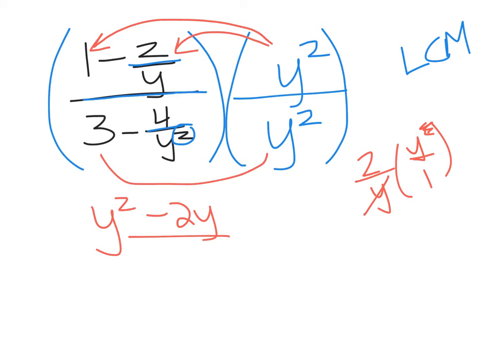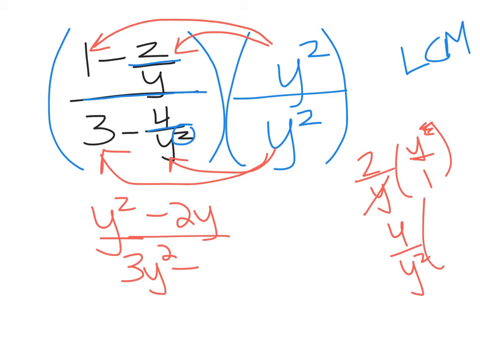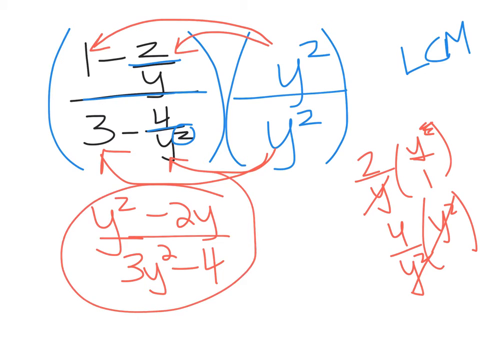Let's distribute in the denominator: 3 times y squared, nothing interesting there, minus, when I do the 4 over y squared times y squared, they cancel. The whole point of doing this by the little denominators is that your little denominators cancel. So now, believe it or not, this gross thing is my answer. But at least it doesn't have all those fractions that you had in the first one.